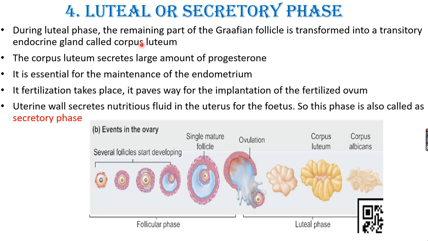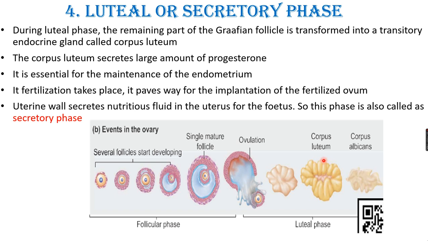Now coming to the luteal phase or secretory phase. After the release of the ovum, what happens to the empty Graafian follicle? It is converted into the corpus luteum, which acts as a transitory endocrine gland. It secretes a large amount of progesterone. If fertilization takes place, this paves the way for implantation of the fertilized ovum.